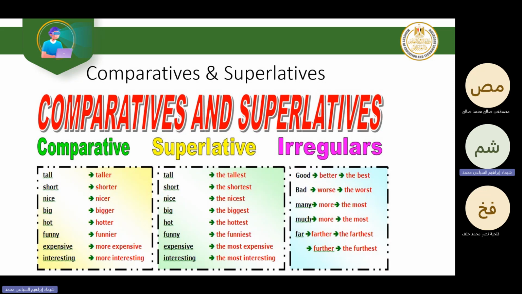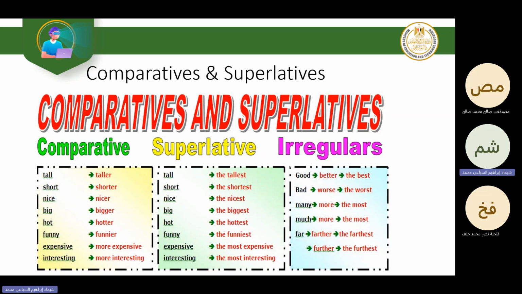Now, we are going to talk about the language part of this lesson. We have the comparatives and superlatives grammar. We have taken this before and we are going to remember it quickly. If we want to compare between two things and the adjective is short, what are we going to do? Yes, we are going to add er to the adjective.